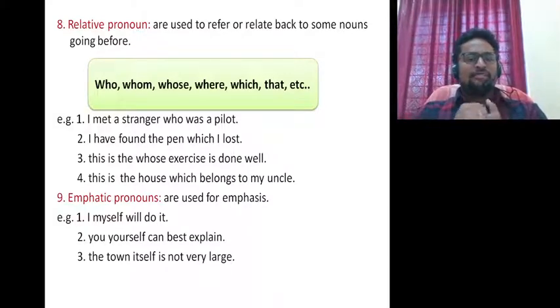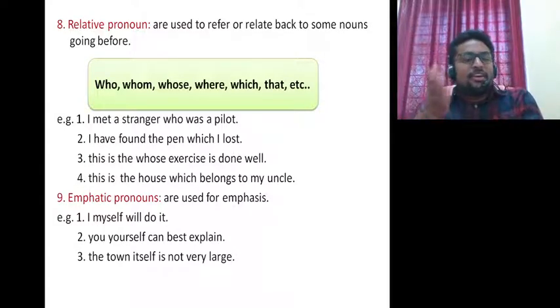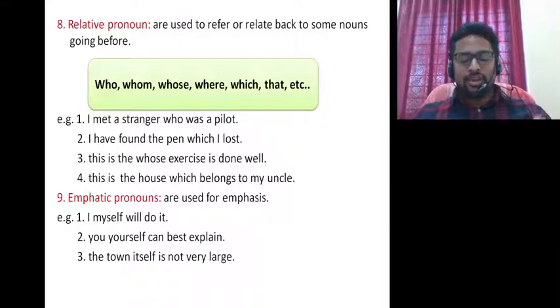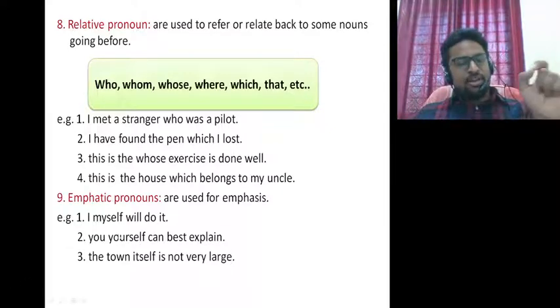I myself will do it. I cut my hand myself. Here myself becomes a reflexive pronoun. I myself will do it. Myself here becomes an emphatic pronoun. Please don't confuse reflexive pronoun and emphatic pronoun.